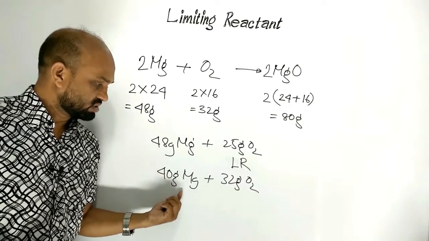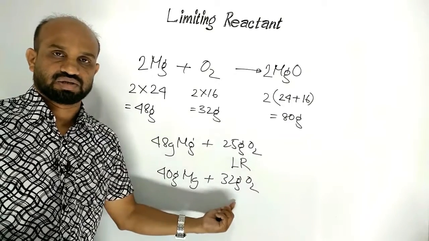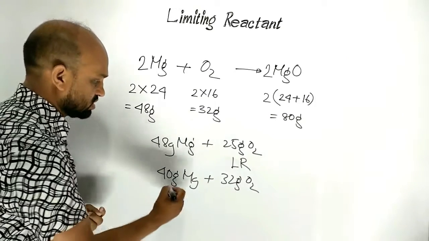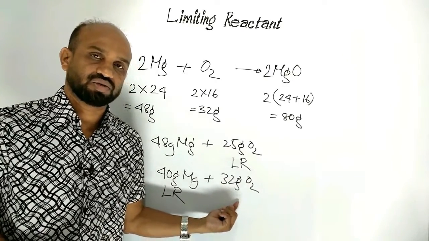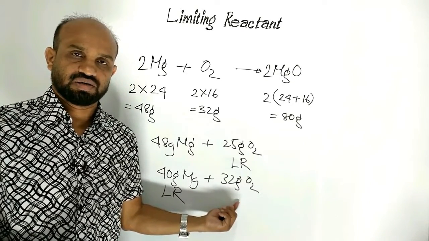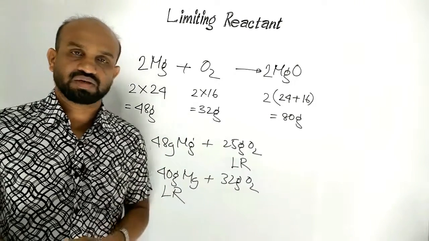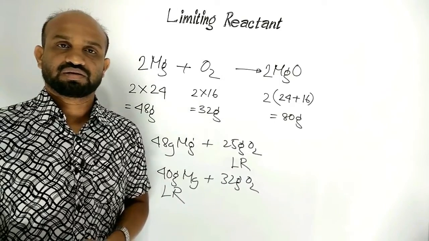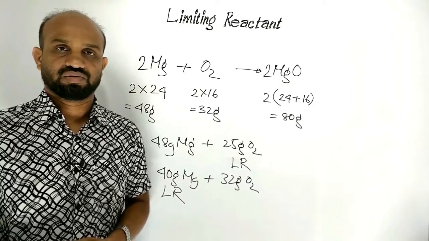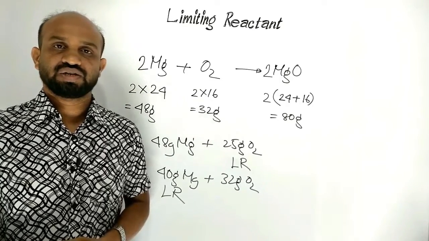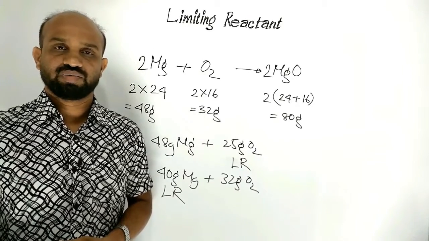So in this reaction, magnesium will be finished earlier than oxygen. So magnesium will be the limiting reactant and oxygen will be the excessive reactant. In the first case oxygen and in this case magnesium will remain as leftover or residue. So the reactant that is finished earlier than another reactant is called the limiting reactant.